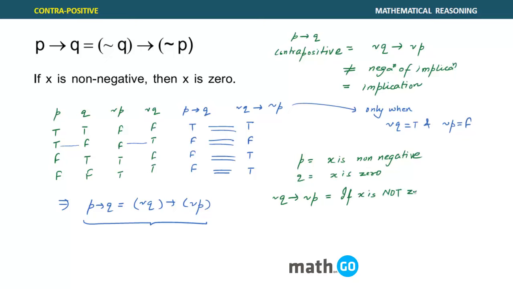If x is not 0, then negation P will happen. Then x is not a non-negative number. This is what is meant by this. I hope the conversion was clear to you people.